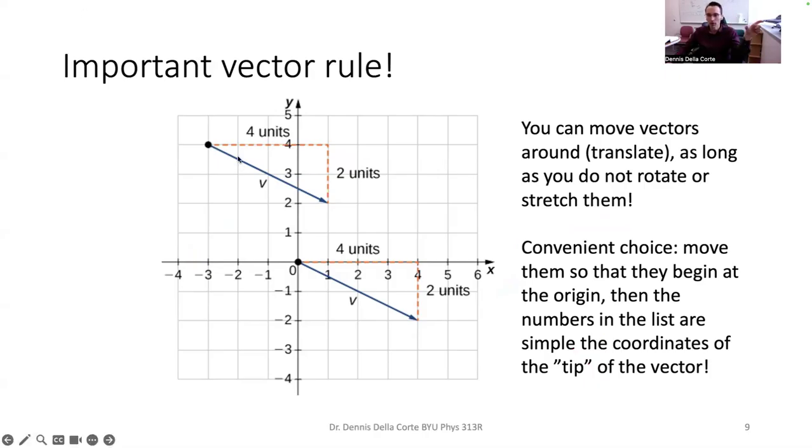So it's very convenient to take a vector that might start here at 4, minus 3 and move it to 0, 0. The reason that's convenient is because the coordinates of the tip of the vector are going to be the first and second number inside of that 2-dimensional list. So here you might have the vector 4 on the x and 2 on the y. So (4, 2) in parentheses.